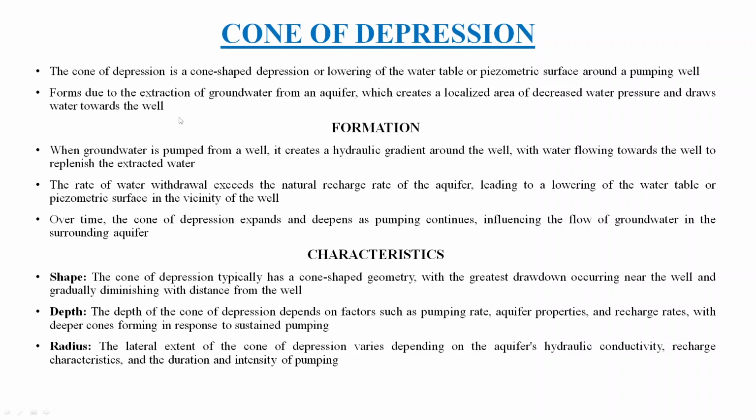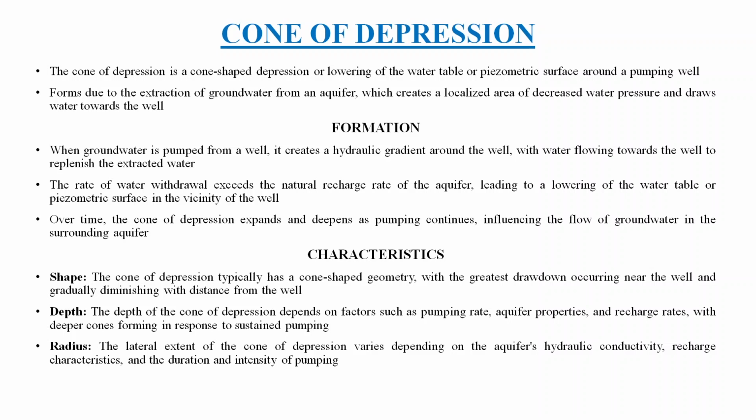It forms due to extraction of groundwater from an aquifer, which creates a localized area of decreased water pressure and draws the water towards the well. When groundwater is pumped from a well, it creates a hydraulic gradient around the well with water flowing towards the well to replenish the extracted water.